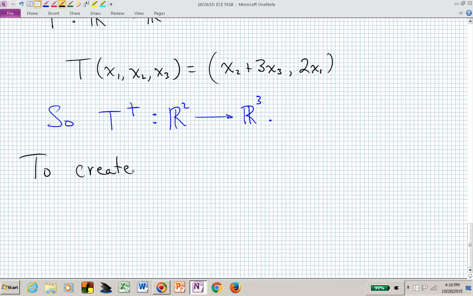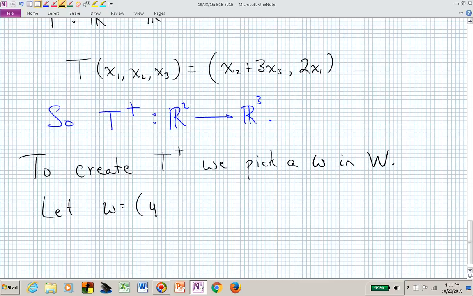As an exercise, to create T dagger, let's just pick a vector W that's in R2, in W, and let's go ahead and parameterize the coordinates of that particular R2 vector.